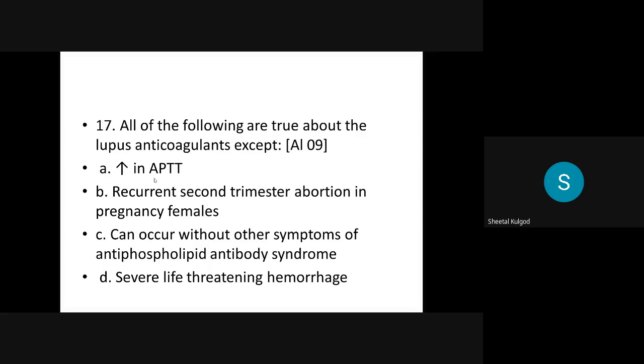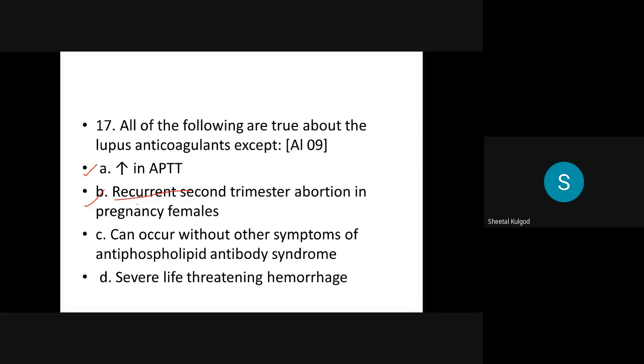In the previous question we discussed that the APTT is increased, is it not? Yes, ma'am, it is increased. So that will form a feature of lupus anticoagulant. Recurrent abortions are there? Yes or no? Yes, ma'am.